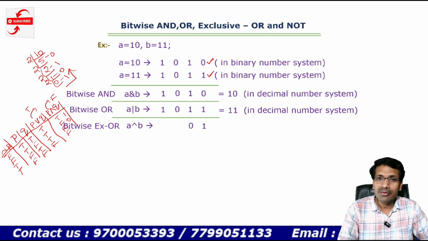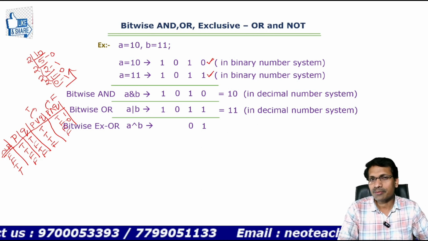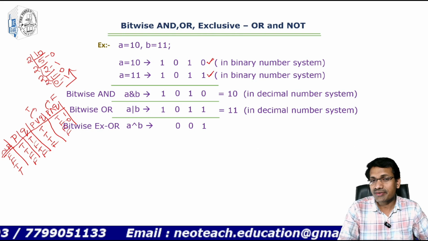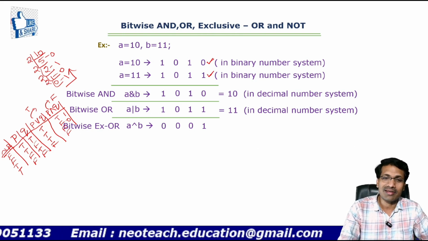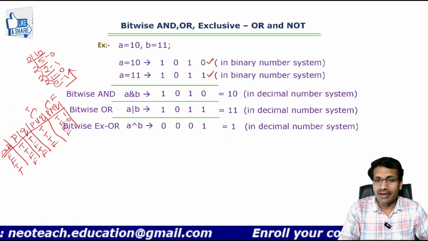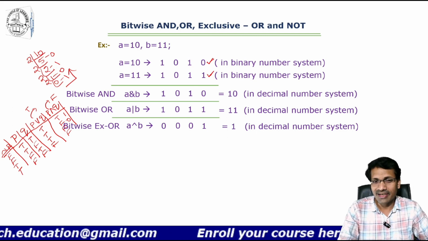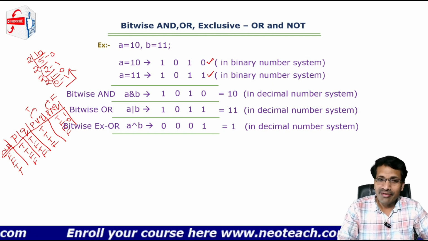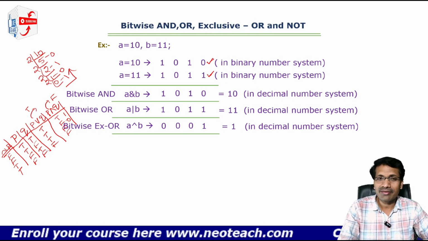Next 0 exclusive OR 0, both are the same, so false. 1 exclusive OR 1, both are the same, so false. Like this we get the decimal value 1. We know that decimal conversion. Like this we did bitwise AND, bitwise OR, bitwise exclusive OR.